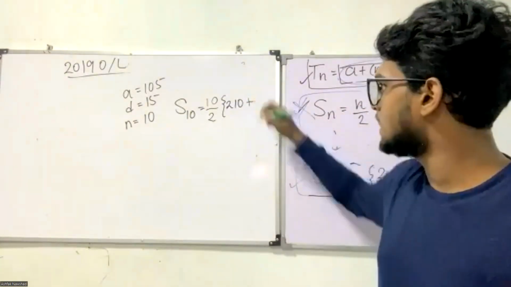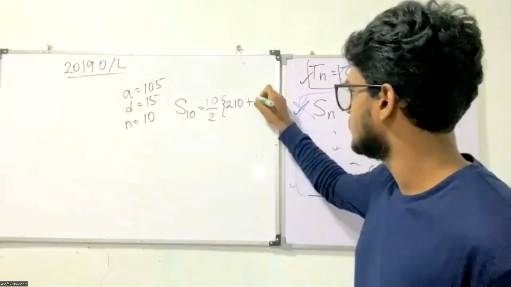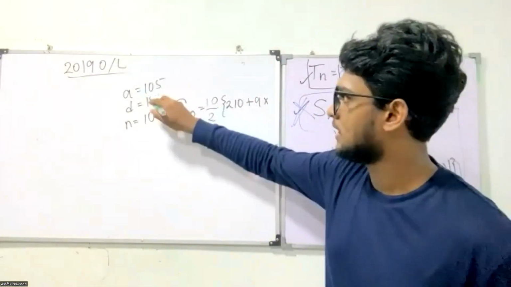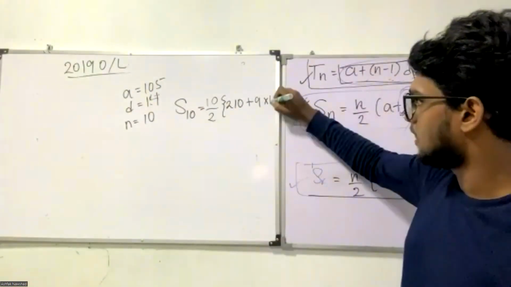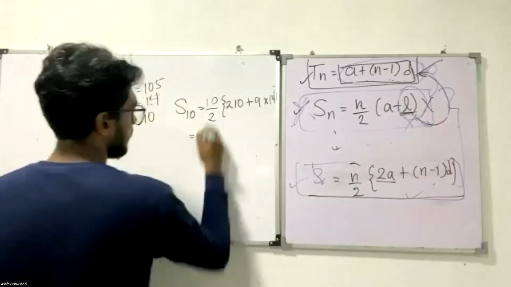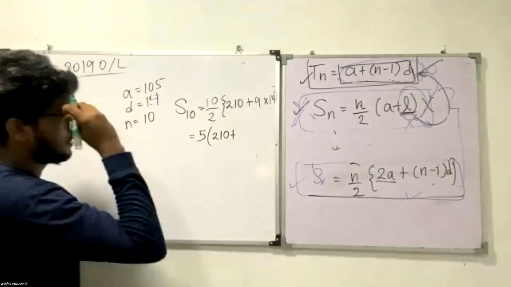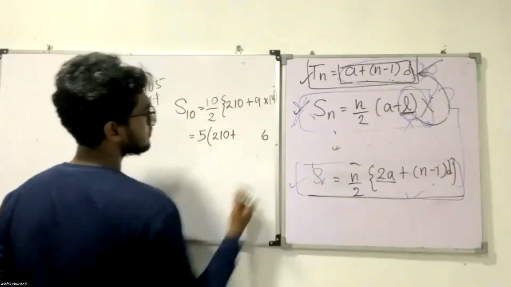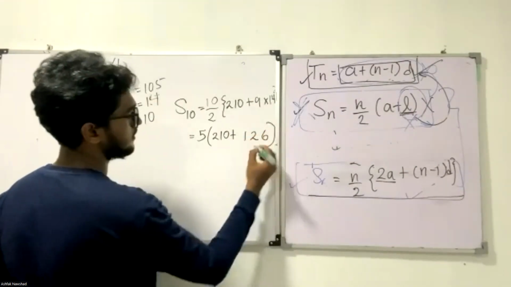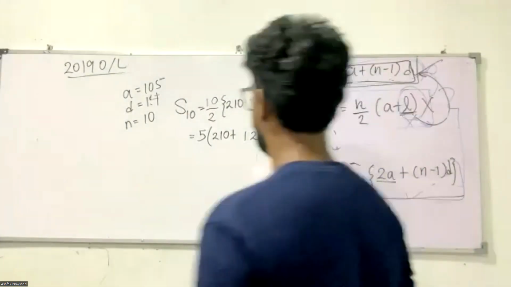Plus n minus 1. N minus 1 is 10 minus 1, which is 9, into the common difference. Sorry, d is 14 here. So let's simplify. 10 over 2 is 5. 210 plus 9 times 14 is 126. Yes, 126.